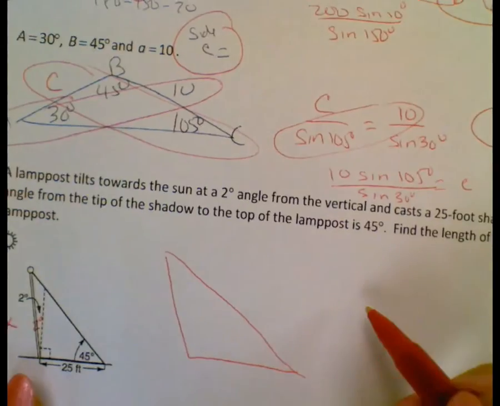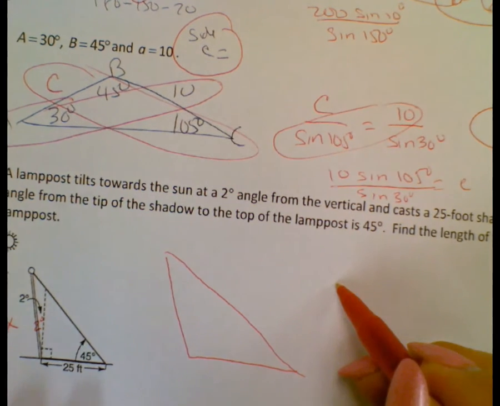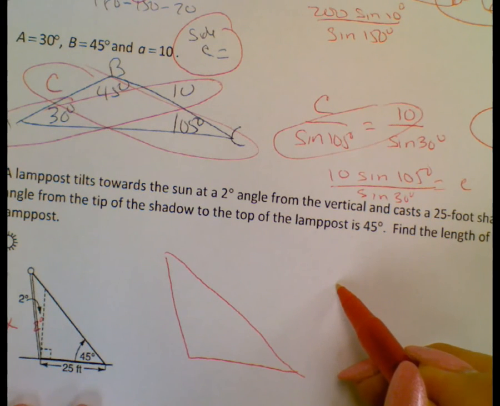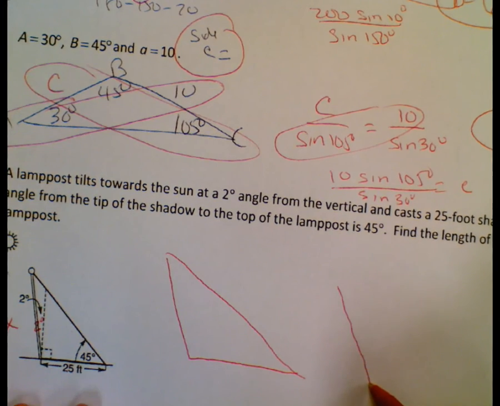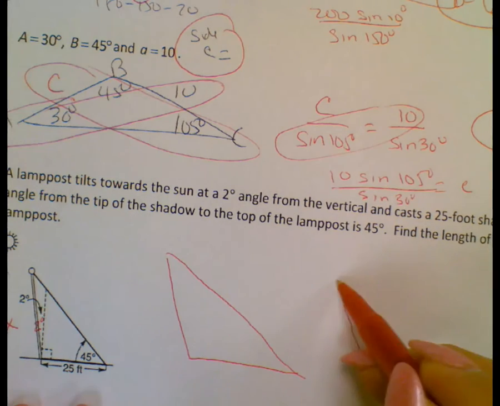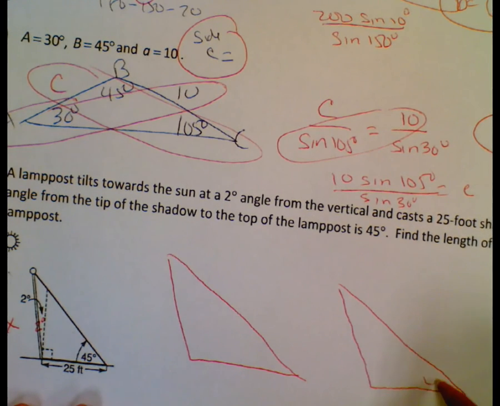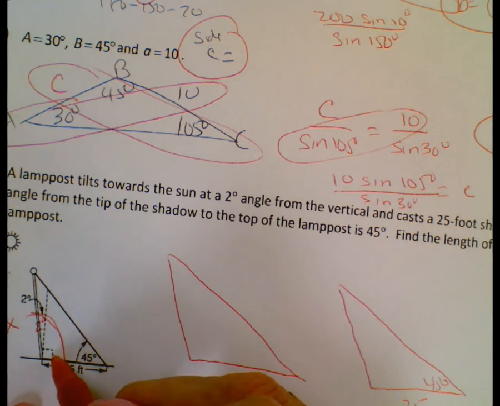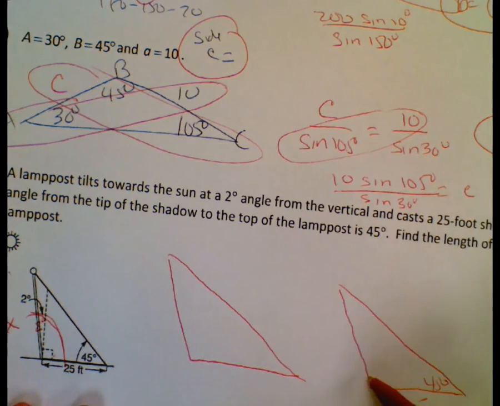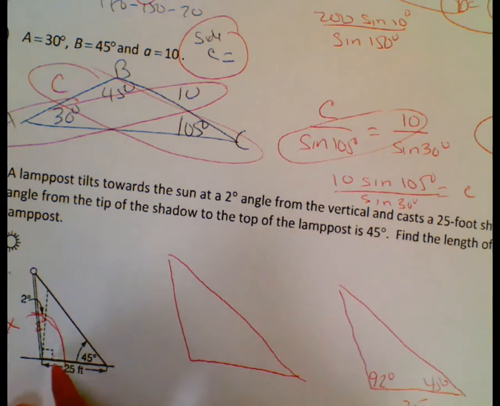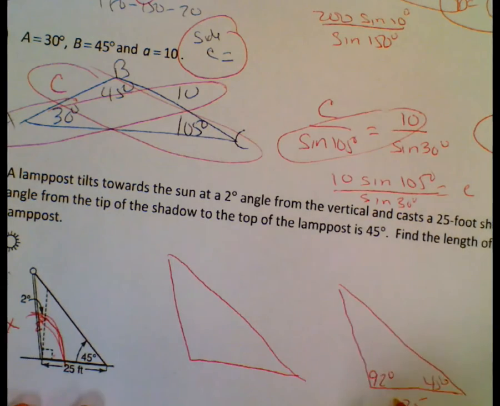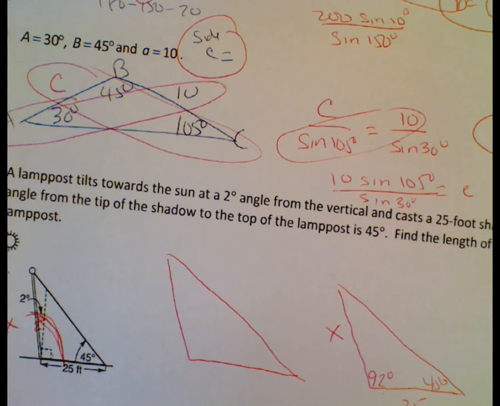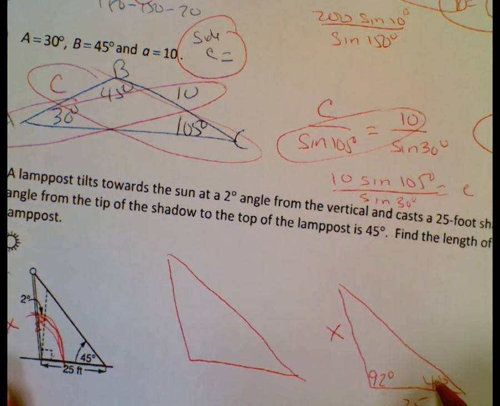Wait, let me see if I can draw that again. The triangle that I want is this one. We know 45, we know 25. Now this right here, see how that's 90 and that's 2? That means that angle is 92 degrees. They're asking us for this. Do we know enough information?